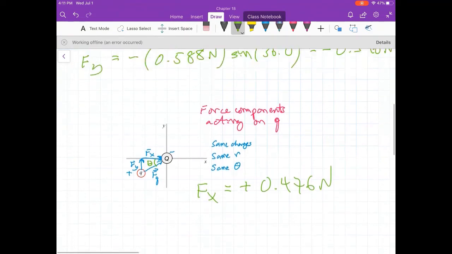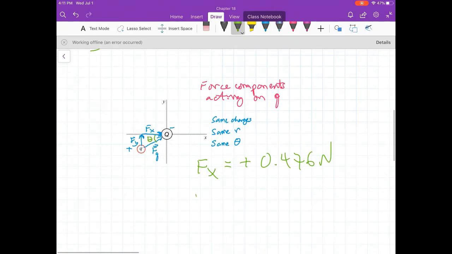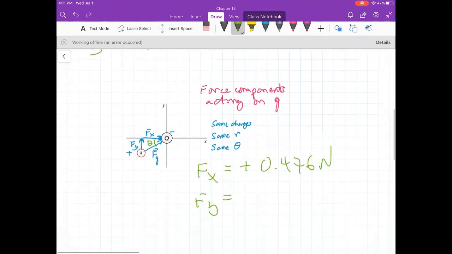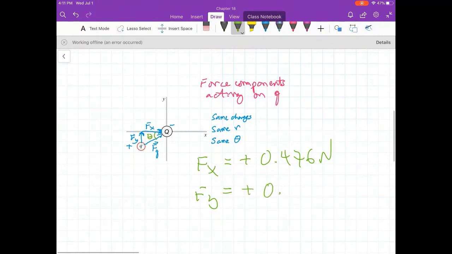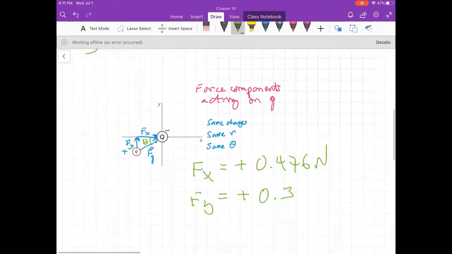It's going to the right. Fy, which is pointing up, is now plus 0.346.